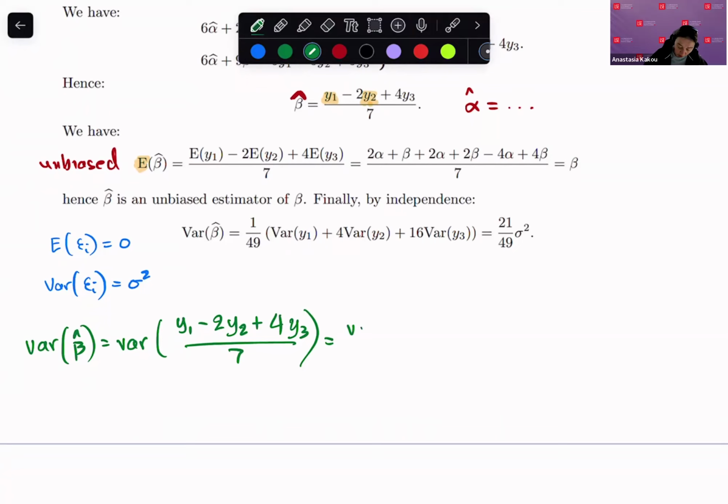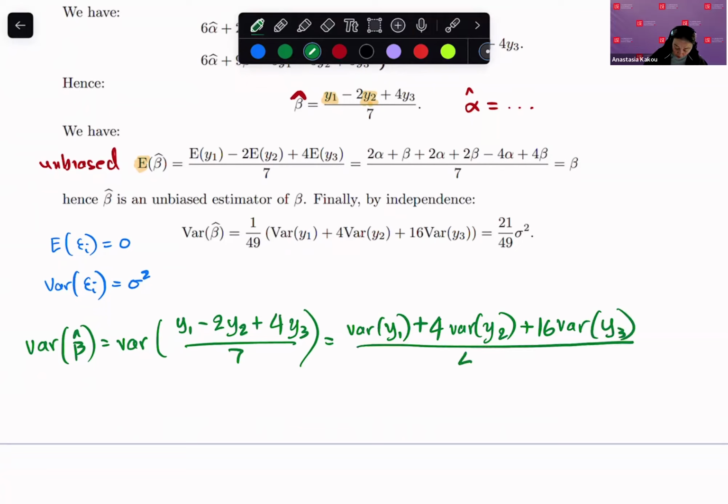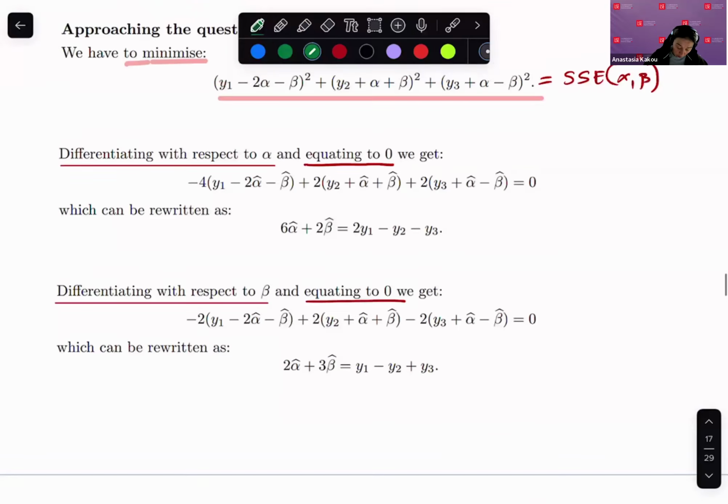So you have the variance of y1 plus 4 variance of y2 plus 16 variance of y3 over 7 squared, 49. If you substitute in y1, what was the expression for y1?